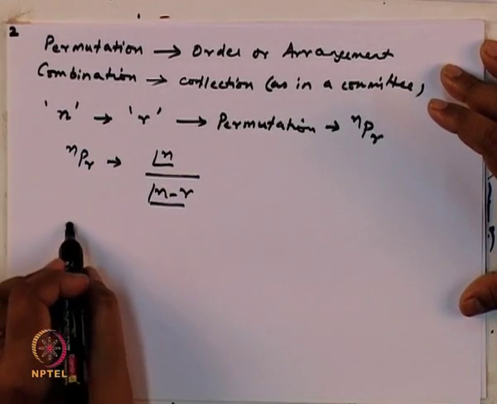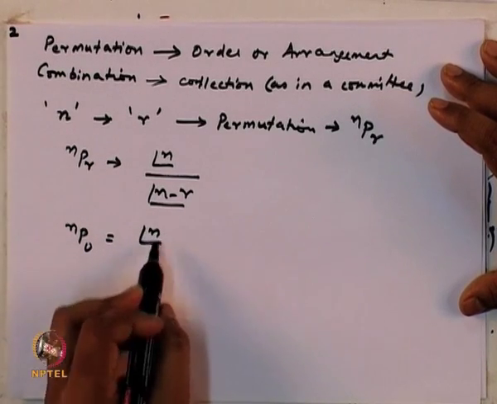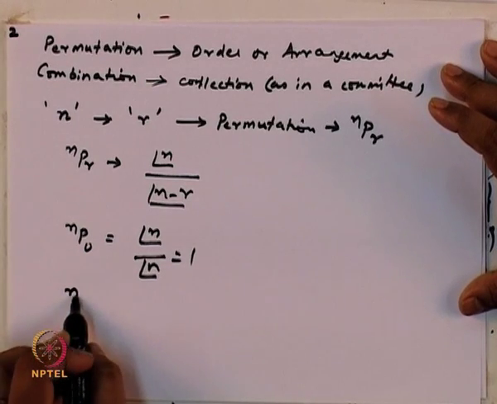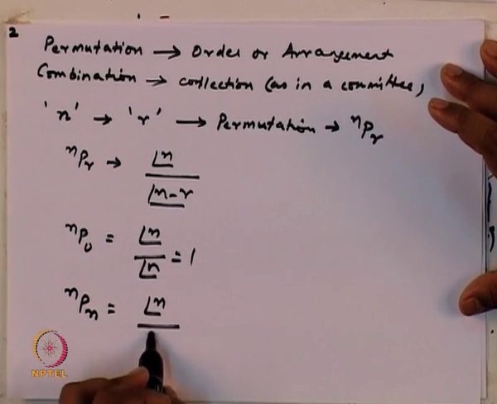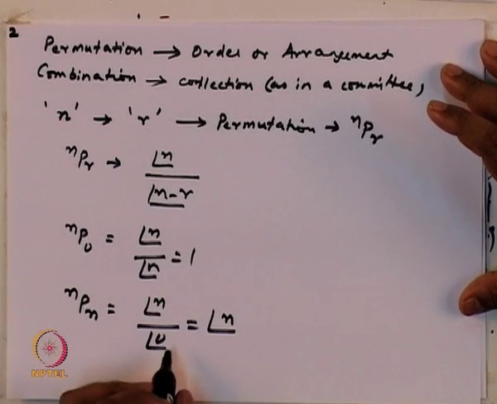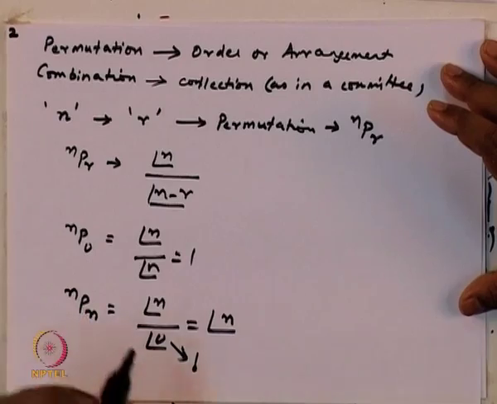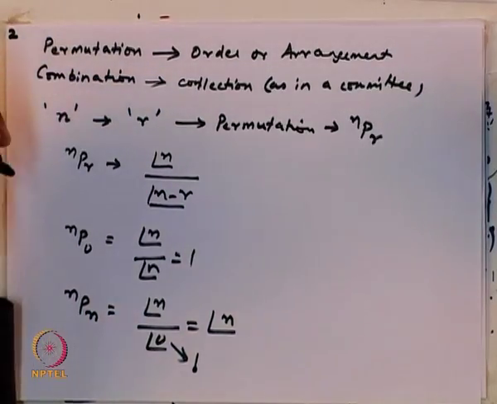So, nP0 is equal to factorial n by factorial n is equal to 1. nPn is equal to factorial n by factorial 0 is equal to factorial n. Factorial 0 is defined as 1. So, n objects can be ordered in n factorial different ways.